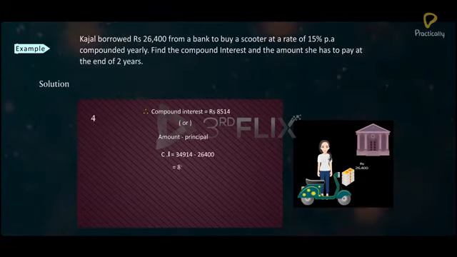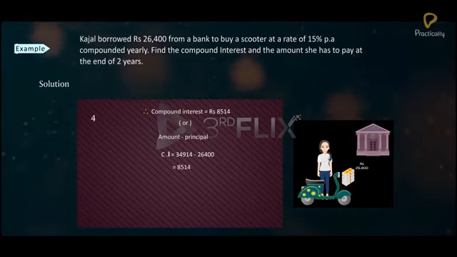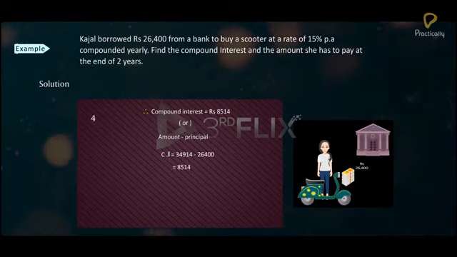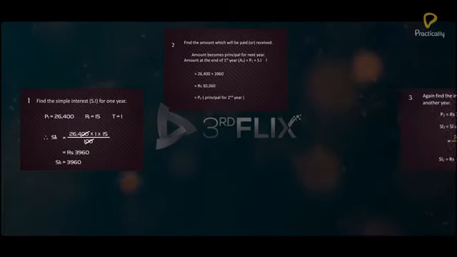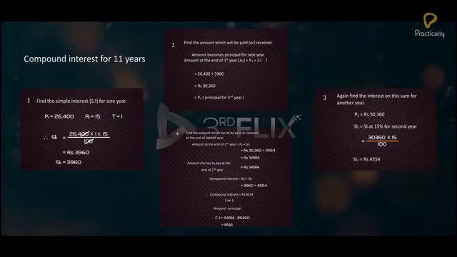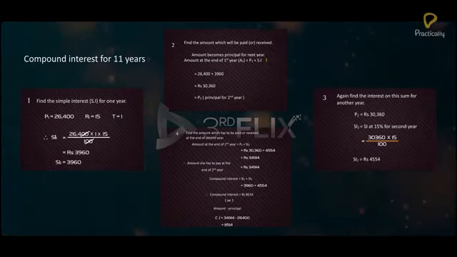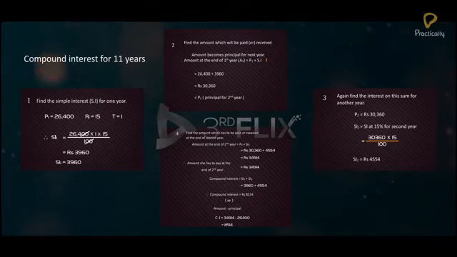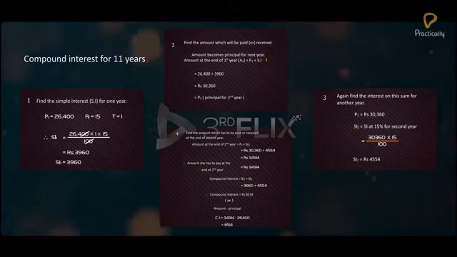That is equal to 8,514. Observe that if there is a need to calculate compound interest for 11 years, the above procedure becomes very long. Let us find out an easier way to find compound interest.